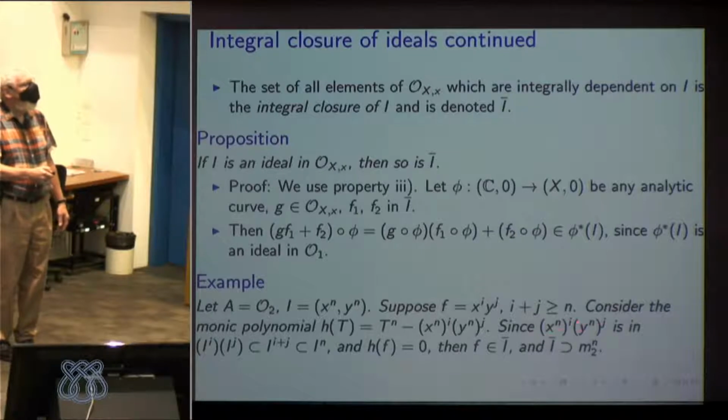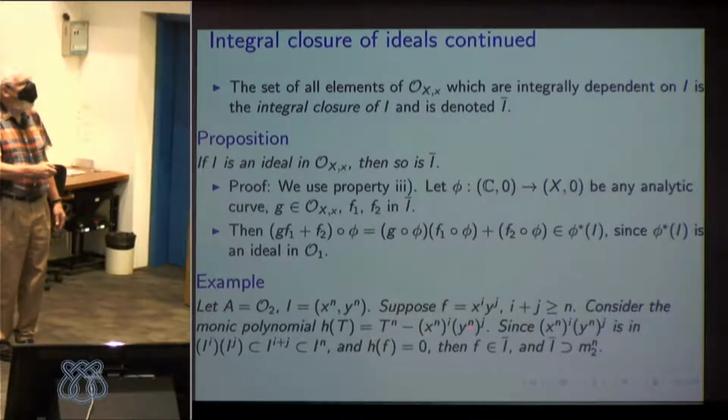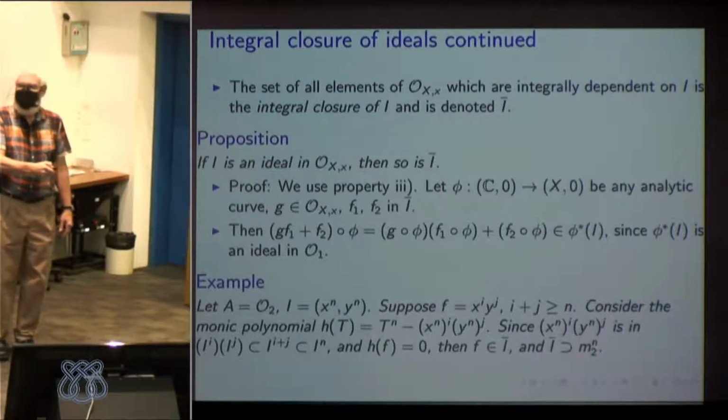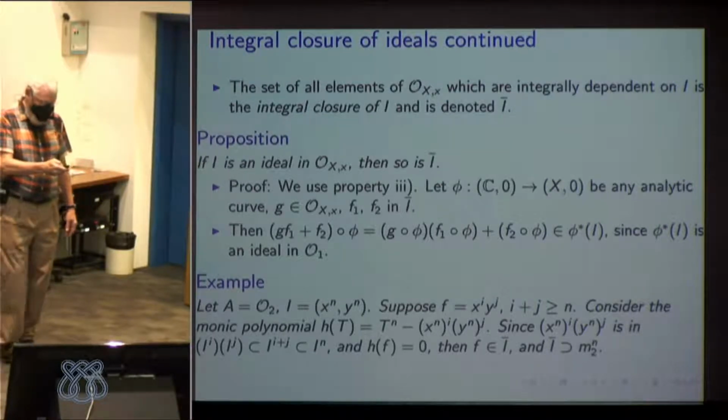Now where is this? Well, this is contained in I^(i+j), and so it's contained in I^(i+j). We notice that if we take x^i y^j and raise it to the nth power, it agrees with this, and so this is 0. So that says that f is in I bar, and I bar contains a power of the maximal ideal given by n. Great.